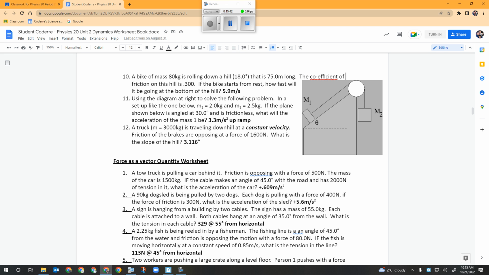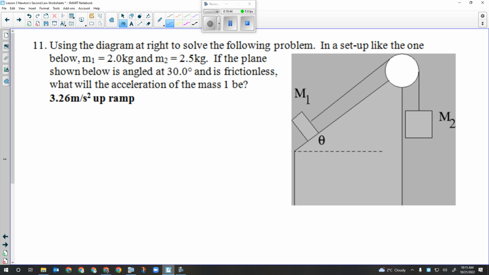Let's have a look at 11. Wonderful. So we have this situation where mass 1 is 2 kilograms and mass 2 is 2.5 kilograms. People really get thrown by this question just because it looks intimidating.